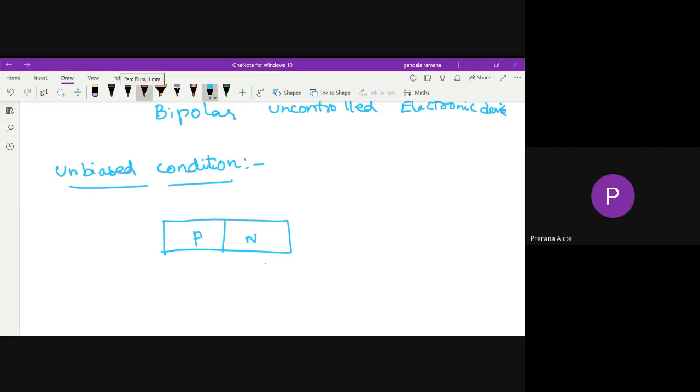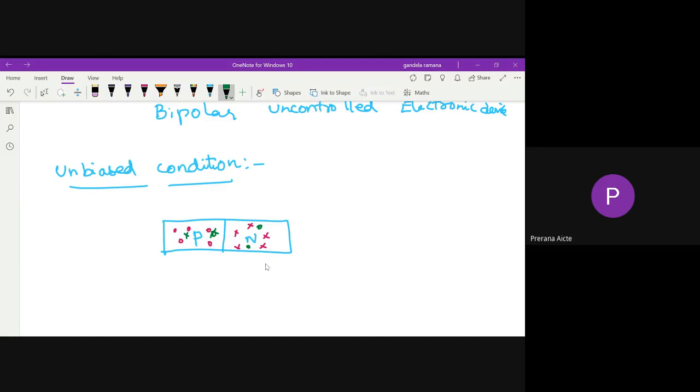Here in P type, majority carriers are holes. In N type, majority carriers are electrons. Minority carriers are electrons in P type, and minority carriers are holes in N type.